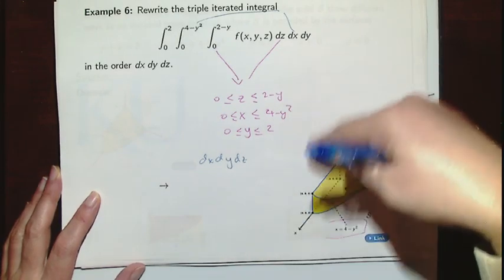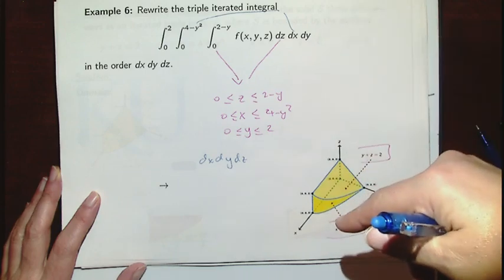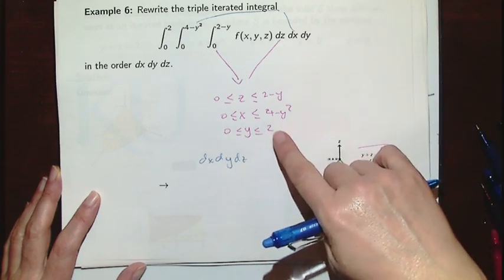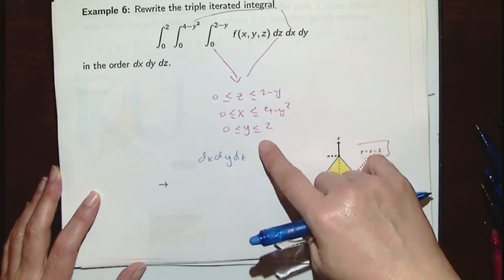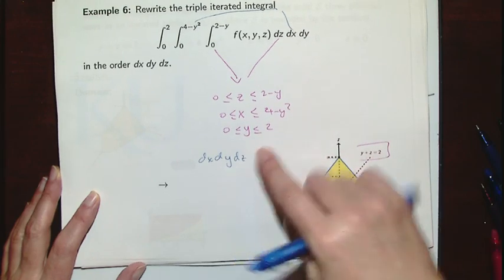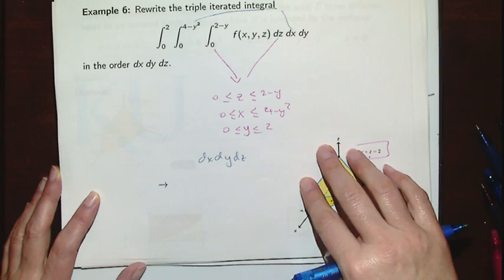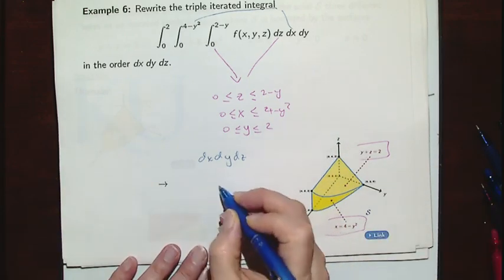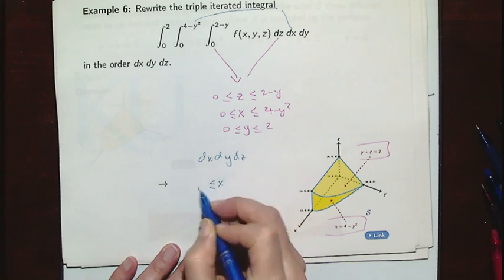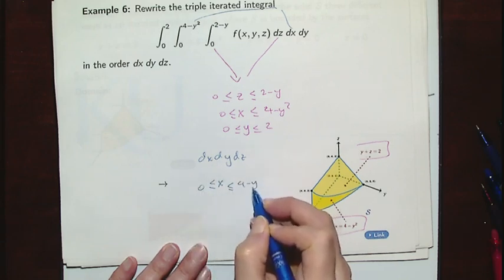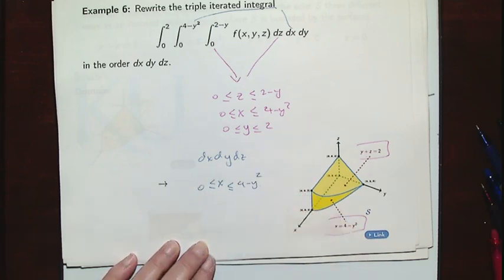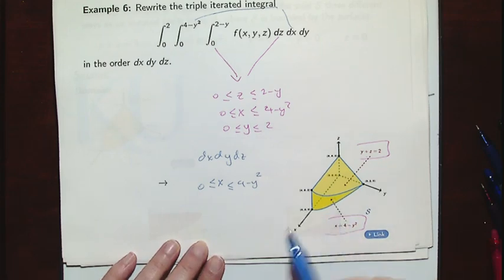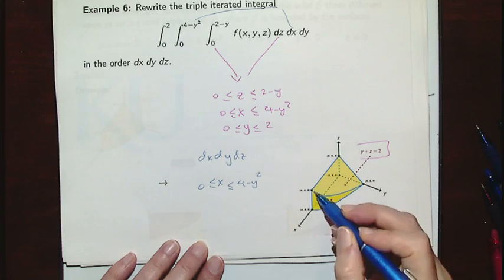I could do this without the picture if I want to, because the bounds are both related to y, and y is outside. So I can swap this a little bit. That's one thing that I could have done. I know that x, the innermost, is still between 0 and 4 minus y squared, which is right here. And so let's start with the picture also.